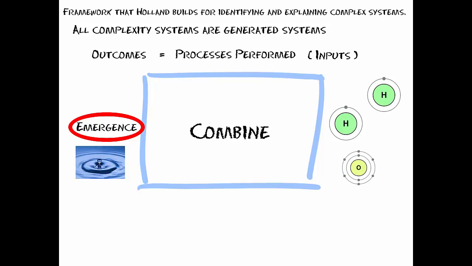In essence, that tells us that something complex is going on inside that process, that it's not just a simple combination process. So the chemical combination process is a complex process, whereas the mathematical combination process really isn't. That's one of his properties: we can look at outcomes, see emergence, and that tells us we're looking at a complex process.